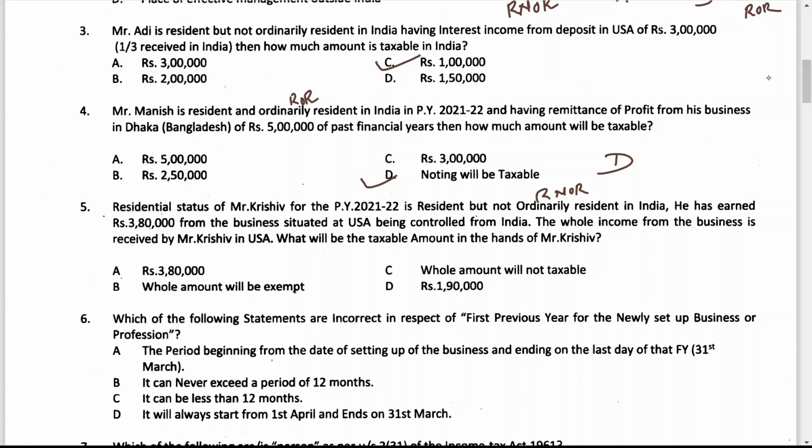What will be the taxable amount in the hands of Mr. Krisiu? Here you have to identify the nature of income. Is this 3 lakh 80,000 Indian income or foreign income? According to the situation, it is a foreign income, because he has earned the income in USA and he has also received the income in USA.